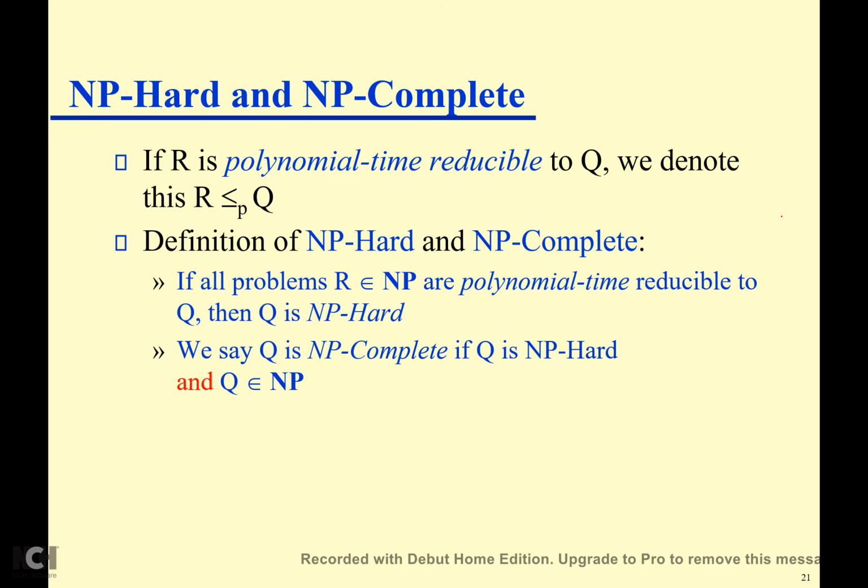We say Q is NP-complete if Q is NP-hard and Q belongs to NP. NP-hard is that specific group of problems to which all the other problems can be reduced. It's a fundamental, intractable problem, and then we treat that as an NP-hard problem.